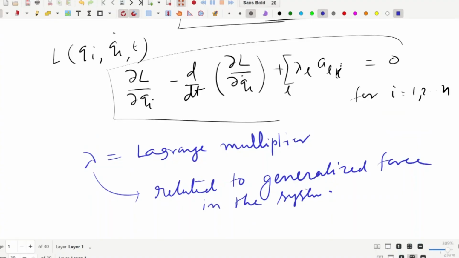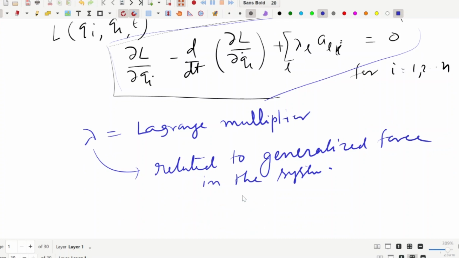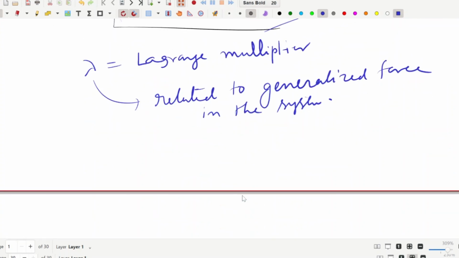We will consider more examples in this tutorial class, lecture 33, and see how to use this equation for one constraint, for two constraints, and how to find solutions. So we will consider examples to learn this.